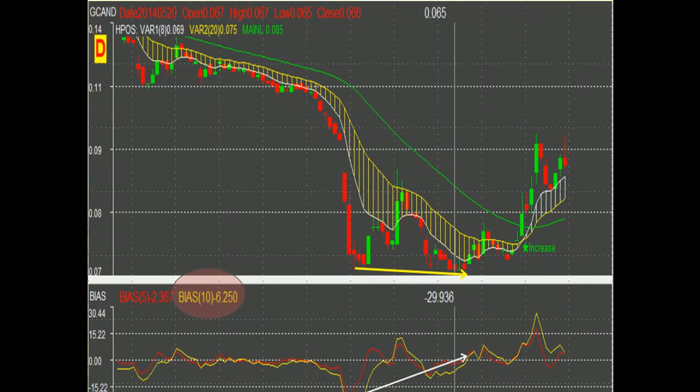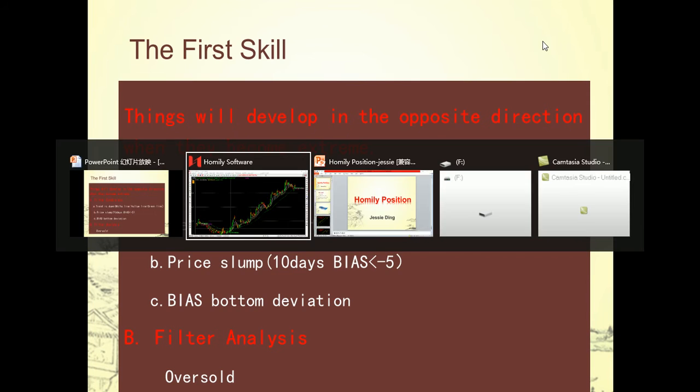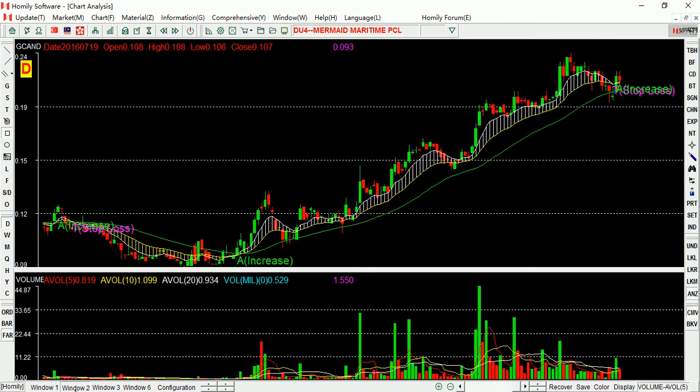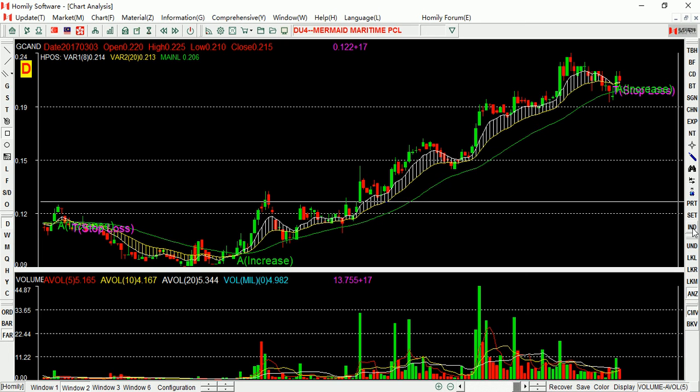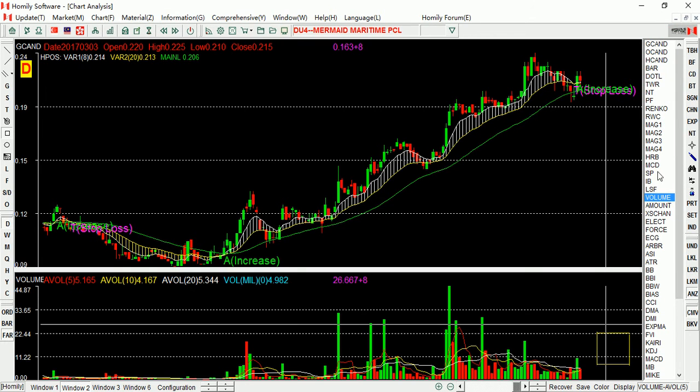Okay, I show you BIAS. So firstly, we have to judge the oversold and overbought. We can use holding position combined with BIAS. Let's see the BIAS. Double click this window, then we double click BIAS.